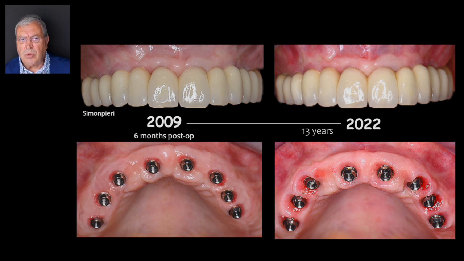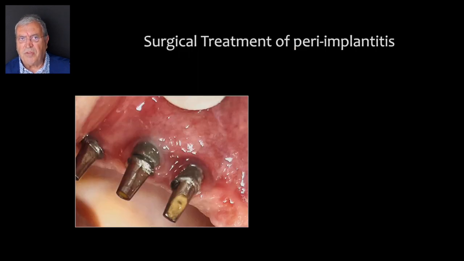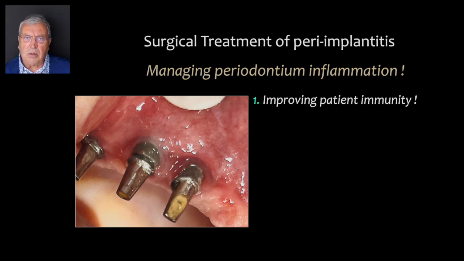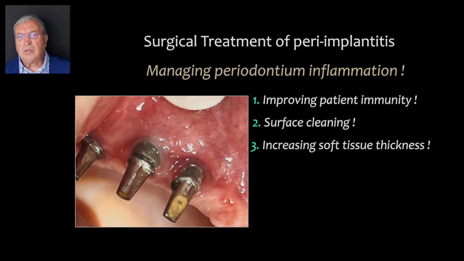Then we can talk about the treatment of peri-implantitis. It could be surgical, and then it will be only a management of the periodontium inflammation. First, you should start by improving the patient's immunity, cleaning the surface of the implant, and increasing the soft tissue thickness.